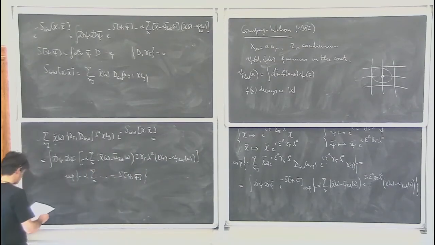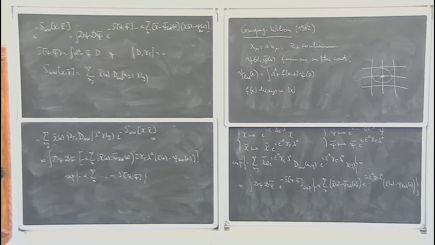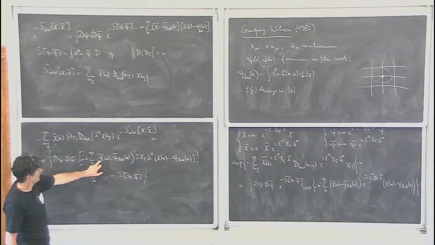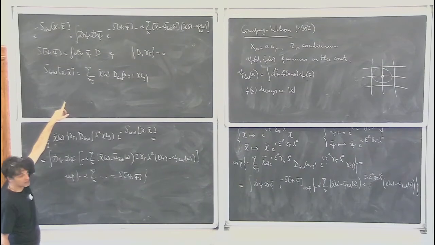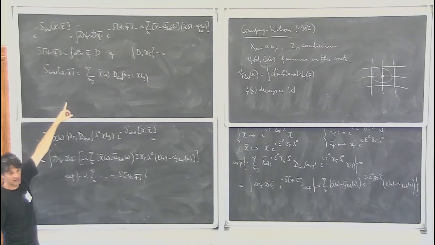So now you can compute this integral exactly, simply by noticing that it's the derivative with respect to chi and chi bar of the integral that you have up there.